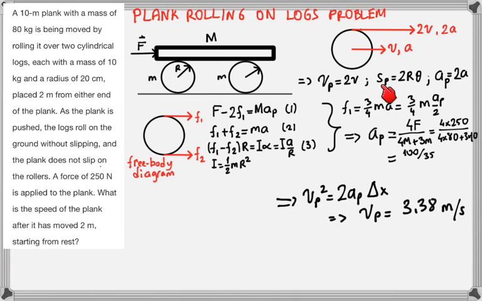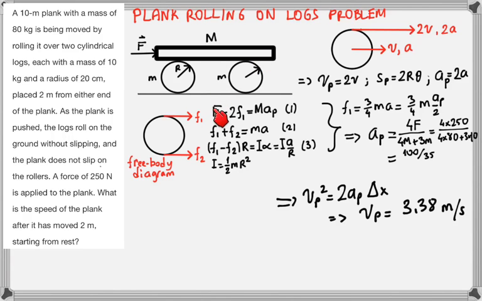The distance taken by the plank must be twice the distance taken by the center of mass of the cylinders. And the acceleration of the plank must be twice that of the center of mass of the cylinders. So once you fix this, you can draw the free body diagram for both the plank and the cylinders.